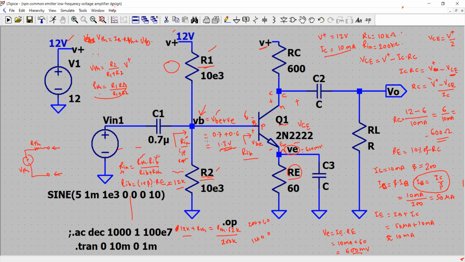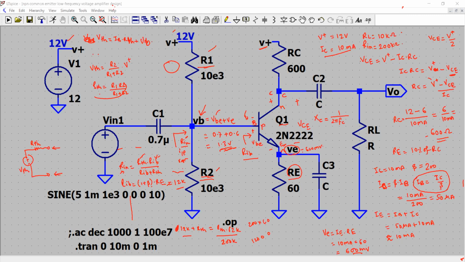Now the final step is to understand how to calculate the values of the bypass capacitor C3 and the coupling capacitors C1 and C2. There is a simple formula to get the value of C3. We know the capacitive reactance is XC, which is 1 over 2 pi FC.